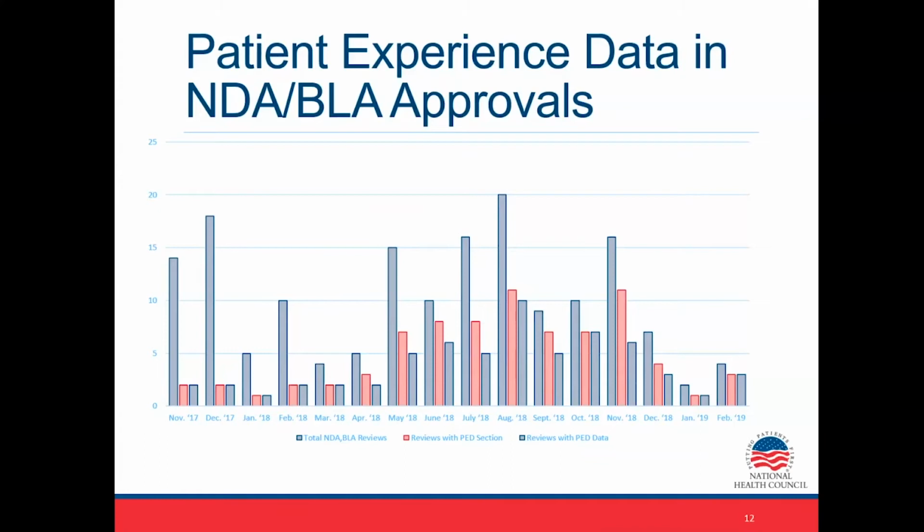And then reviewers could fill out the checklist to say whether or not that information, patient experience data, was actually useful or informative and actually utilized within the review or not. But instead of making the reviewers have to go search for it, to actually lead them to where they might find the data. I think I'll stop there and just hand it off.